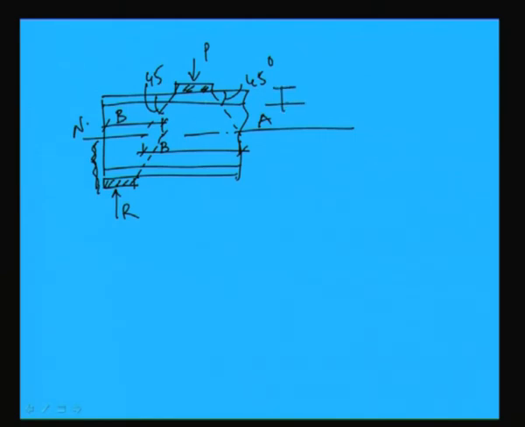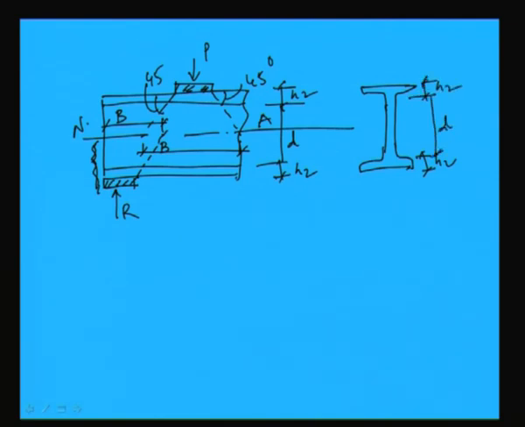Now, this is called H2, this is D and this is again H2, right. The section will be like this. If I section it, the section will be like this, which is H2 and this is D. This is the bearing plate, this is also a bearing plate, right.